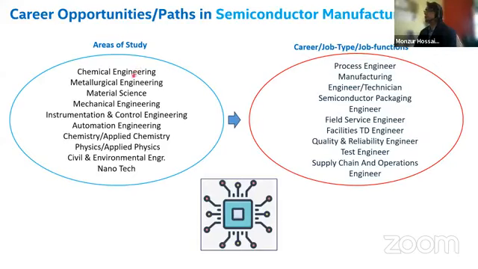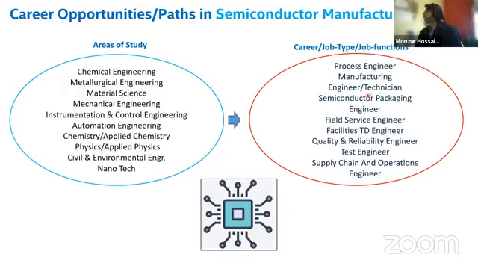If you have chemical engineering, metallurgical engineering, material science, mechanical engineering, instrumentation and control engineering, automation engineering, chemistry, applied chemistry, physics, applied physics, environmental engineering, nanotechnology study, if you have a background in any of these, you are very much suited to develop your career in this manufacturing and fabrication domain.